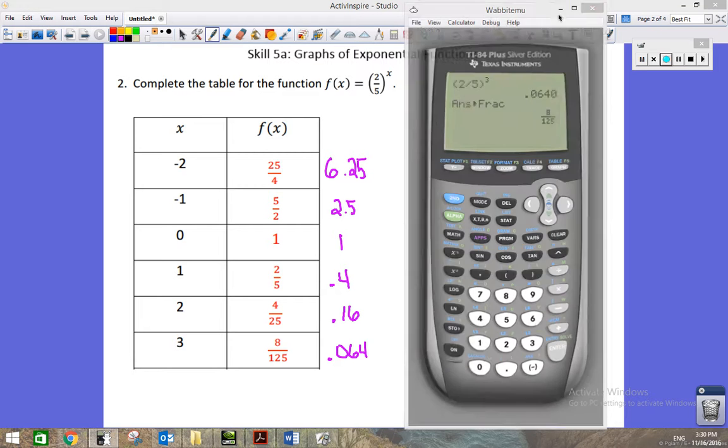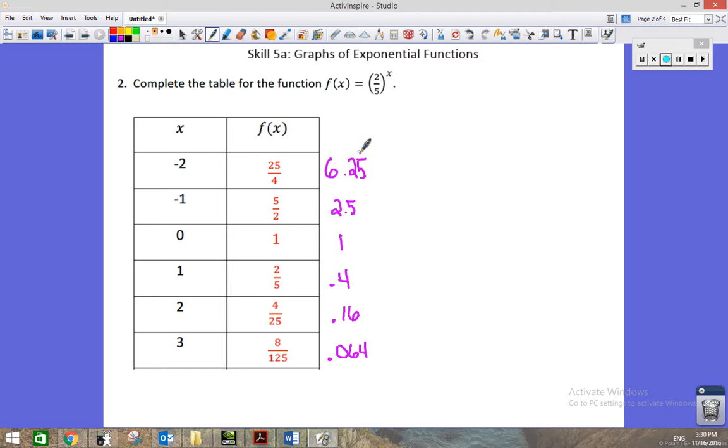So that's how I got these values. But when I go to plot, if I'm doing it by hand, I'm not very likely to know off the top of my head that 4 over 25 is 0.16, and I'm not going to be accurate enough to graph that to the nearest hundredth. I'll be lucky to graph it to the nearest tenth.